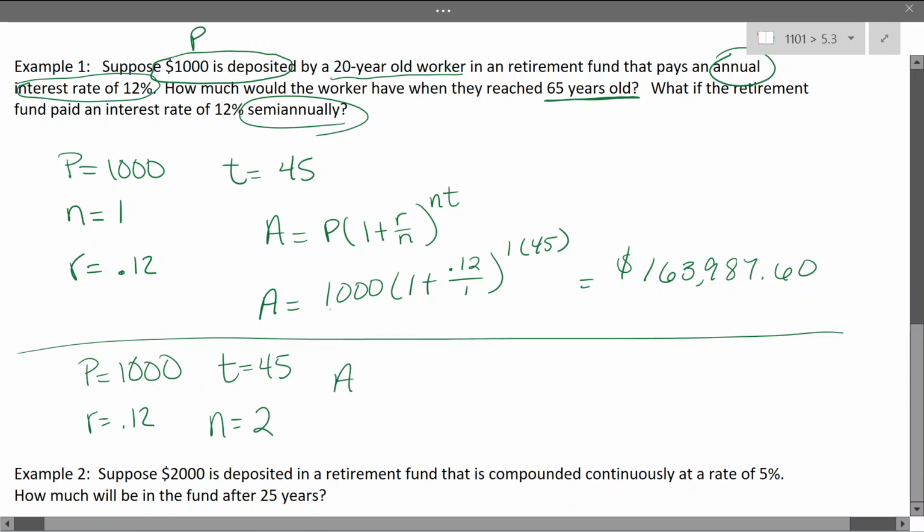So we get A equals 1,000 times (1 plus 0.12 over 2) to the 2 times 45, which is going to give us $189,464.51.